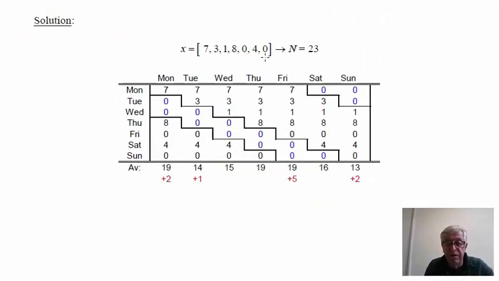And here we have the solution which we obtained with a software like Lindo, and we have this vector x that presents the number of people in each group, starting in those that start on Monday through those that start on Sunday. And now we can add them to see the dimension of the team, and now we can analyze the solution by building this table, in which we introduce here now the number of people in each group.